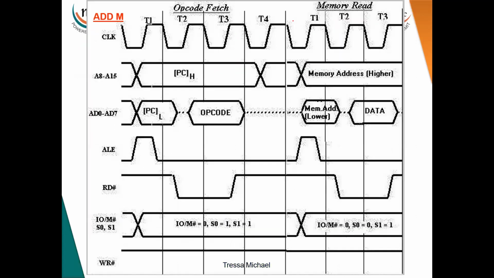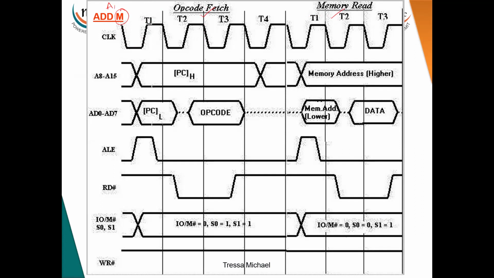Now, ADD M. ADD M means the memory location content is added with the accumulator. For that, the first machine cycle is an opcode fetch and the second is a memory read. For the addition itself, no extra clock pulses or T states are required. One operand is already in the accumulator inside the microprocessor.